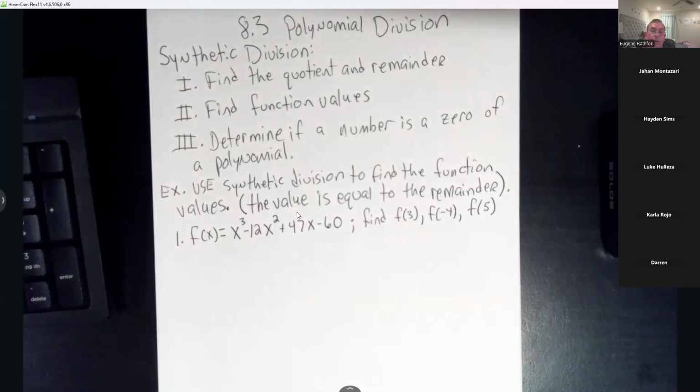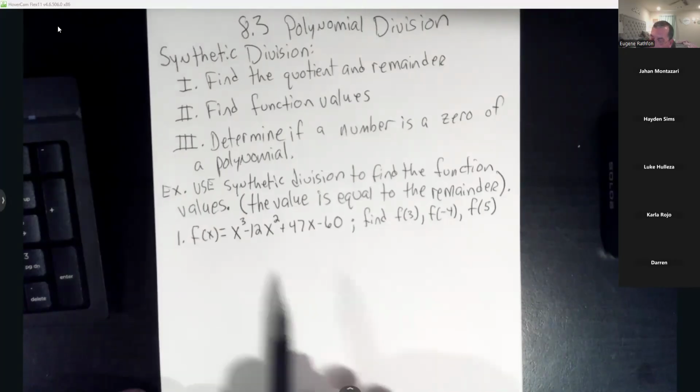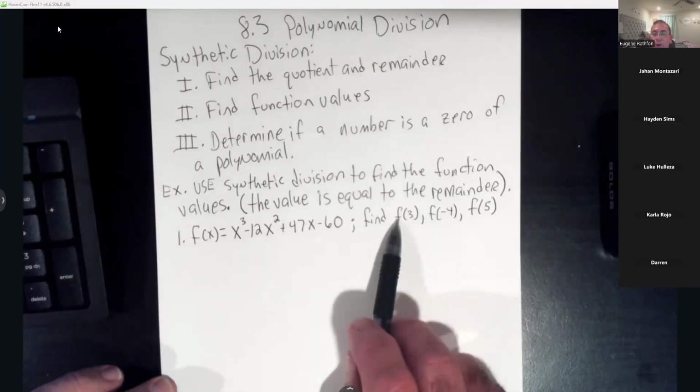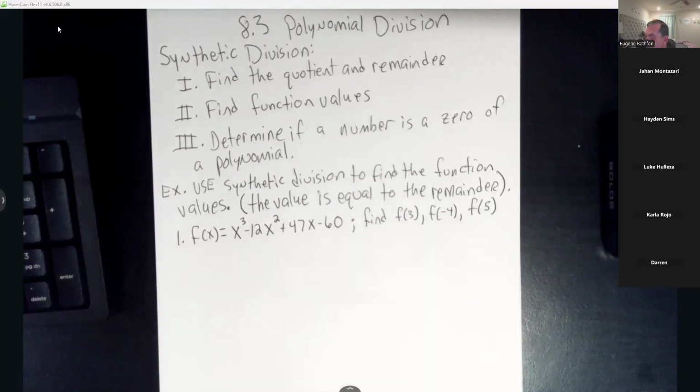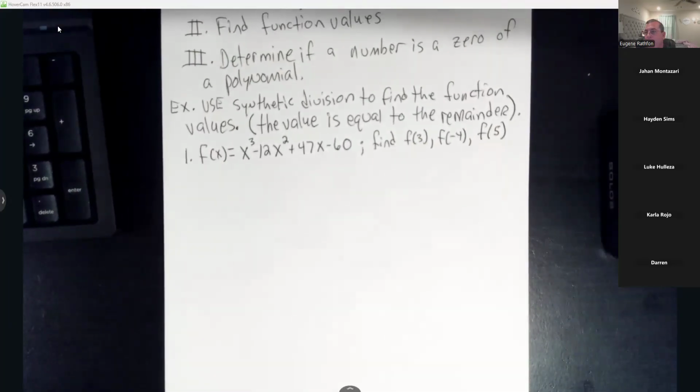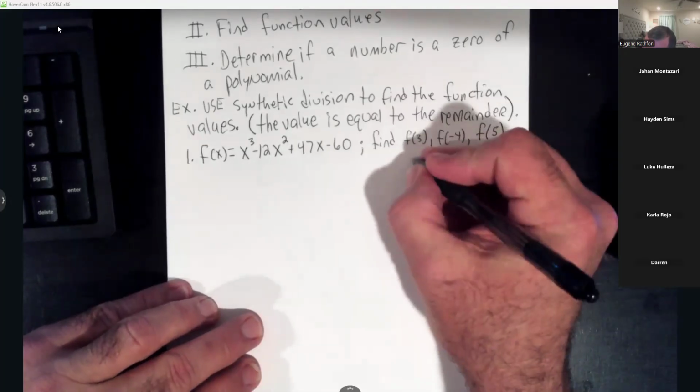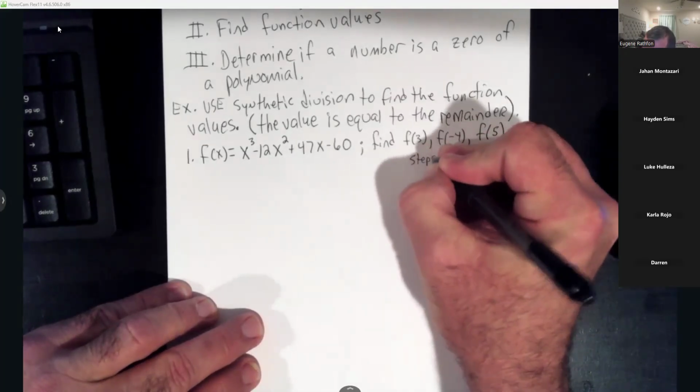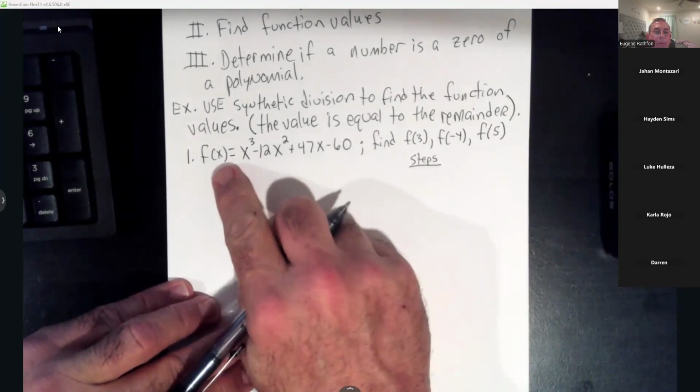So this is three problems in one, basically. I've got to do synthetic division 3 times to get all these values. All right, y'all. So I'll write my steps over here as I'm going through them.